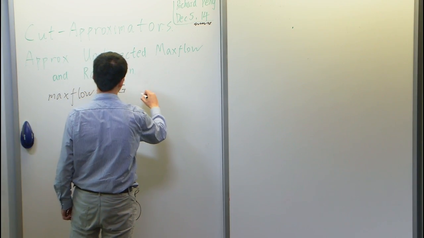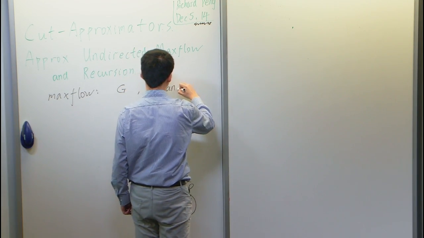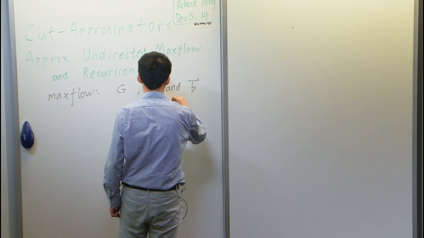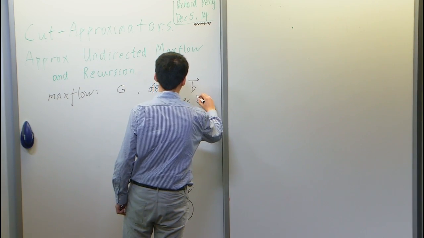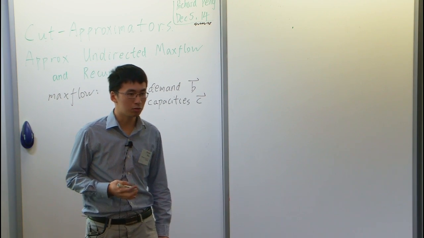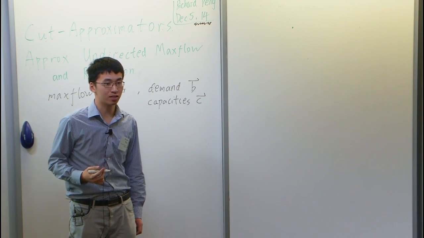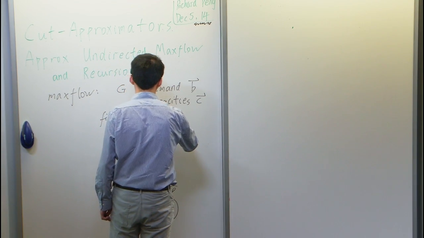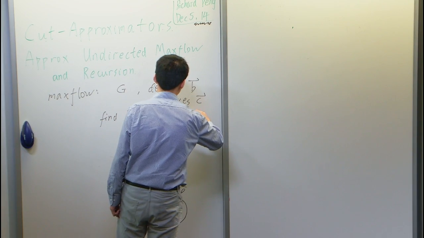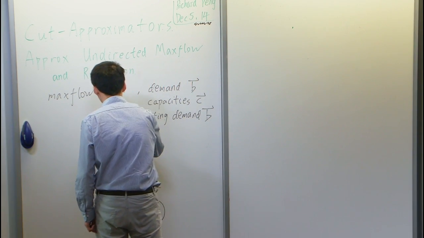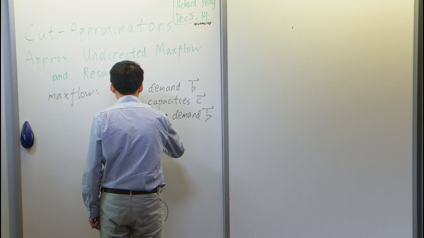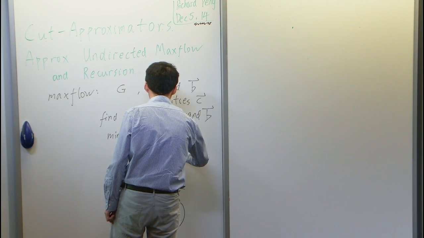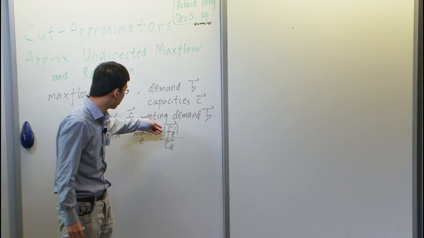I have a capacitated graph G with capacities C, and I'm given a demand B. I want to find a flow F meeting the demands that minimizes the maximum congestion: the max over all edges of the flow on the edge divided by the capacity of that edge. This is the undirected version.